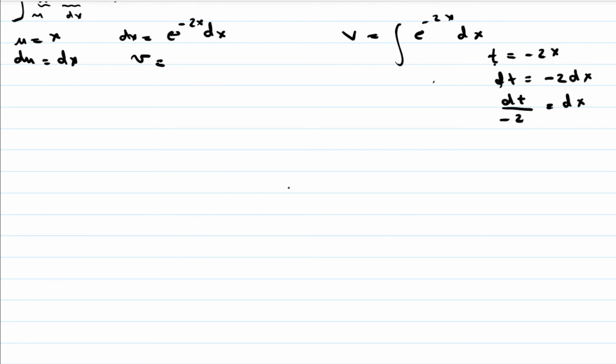So with that said, we're now going to replace this value in this integral here. So we're going to have v is equal to the integration of e raised to minus 2x, which is t, so e raised to t, and dx is dt divided by minus 2. Okay, so this is equal to minus 1 divided by 2, because this comes outside, and then you're going to have e raised to t dt.